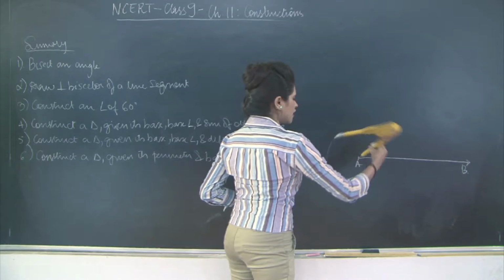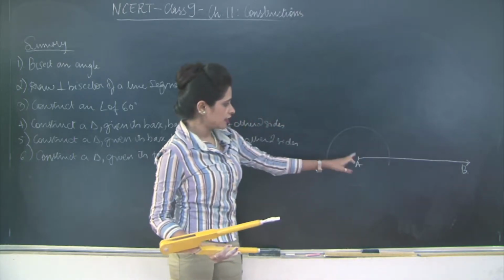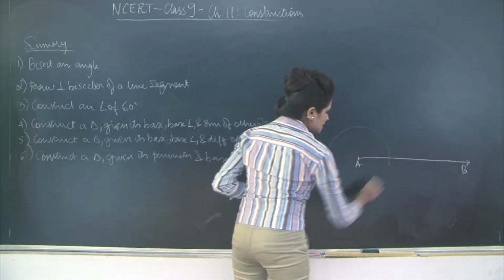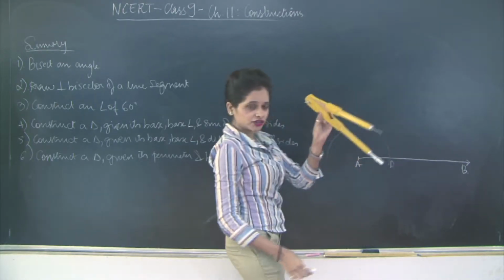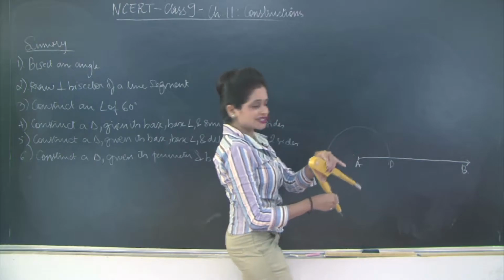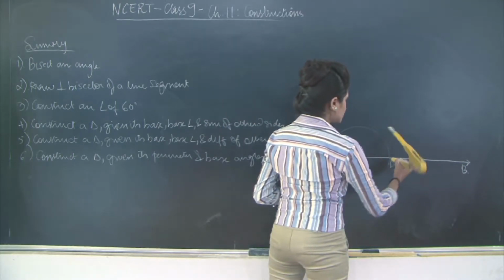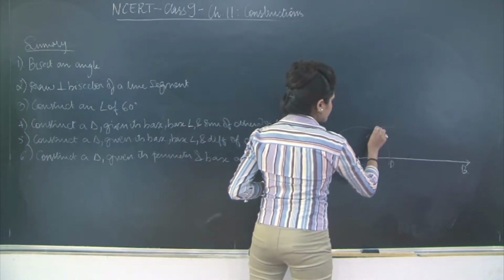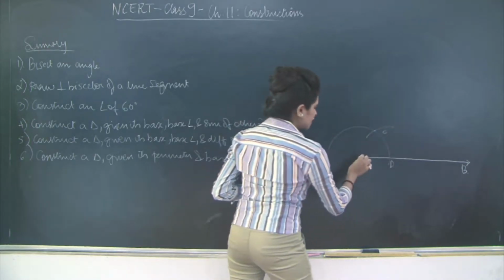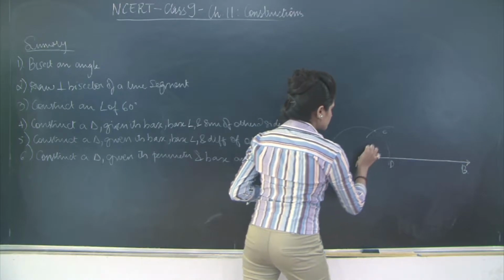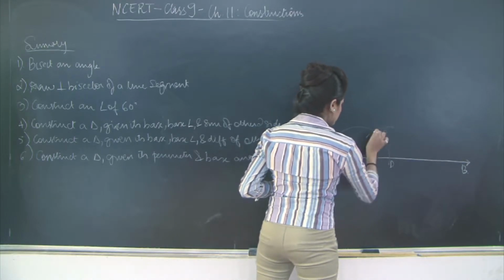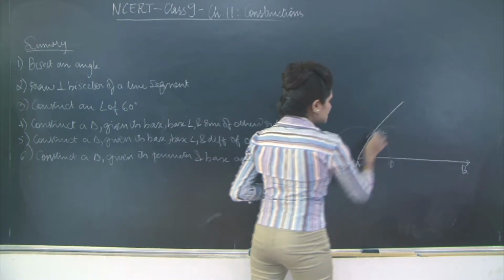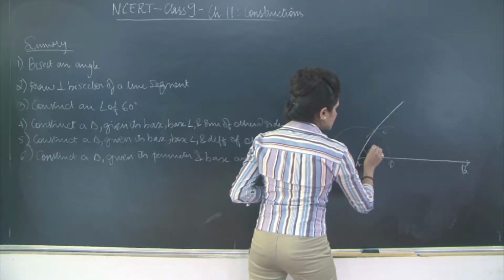You're going to cut an arc with A as the center and intersecting AB at, let's say, some point D. Now without changing this length, you're going to take D as your center and you're going to intersect this arc at point C and you're going to join A to C. So this angle CAB is equal to 60 degrees.